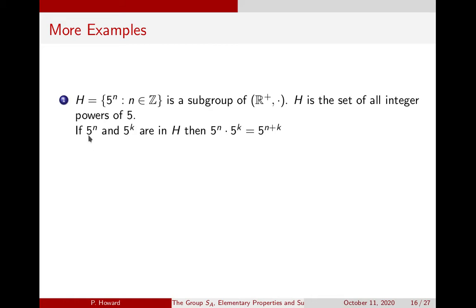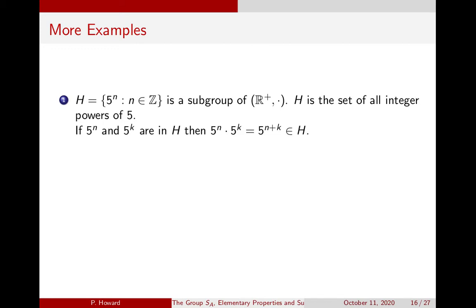If you multiply two integer powers of 5, the product, 5 to the n times 5 to the k, will be 5 to the n plus k, which is again an integer power of 5. So H is closed under the operation of multiplication.